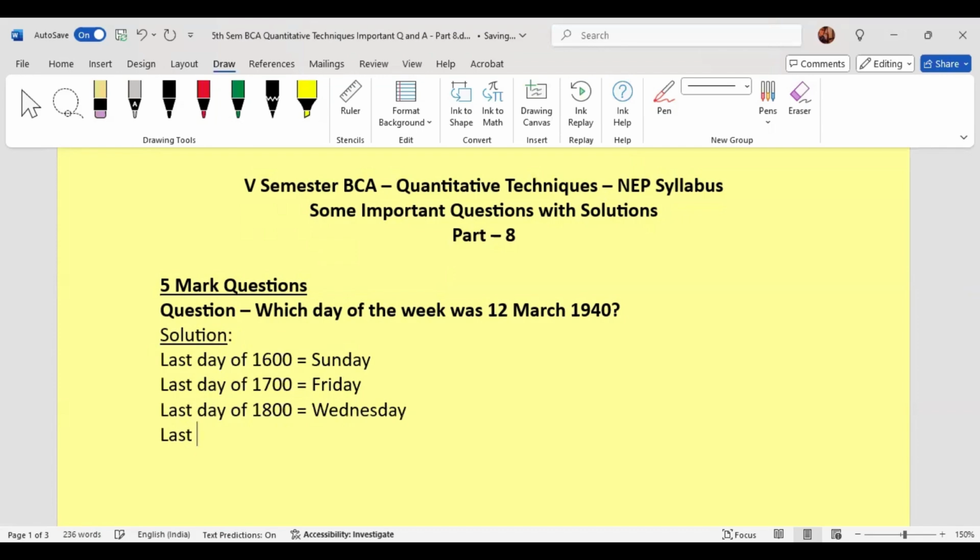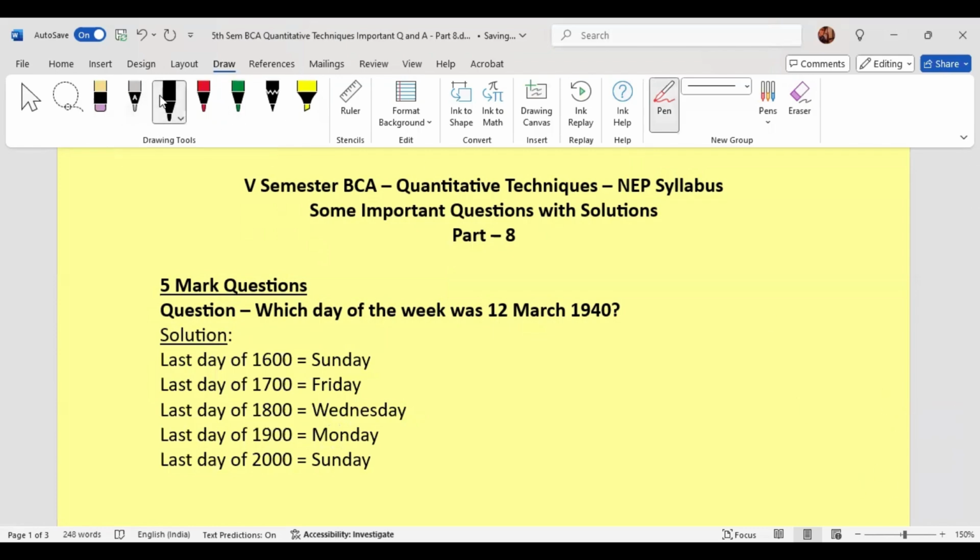Then the last day of 1900, again 2 days before, is Monday. Again, the cycle will come to Sunday, in the sense the last day of 2000 will be Sunday. So these days we need to remember to solve the above.